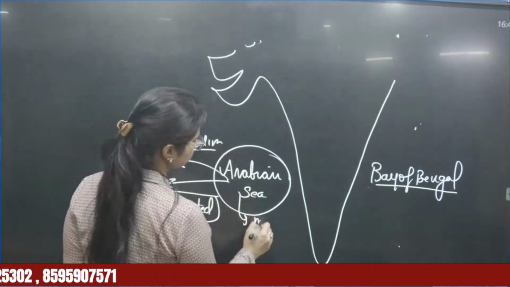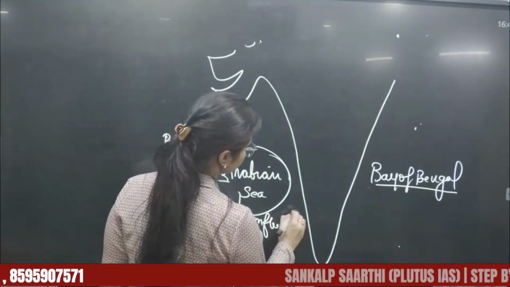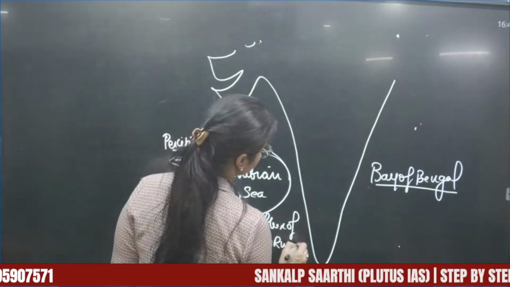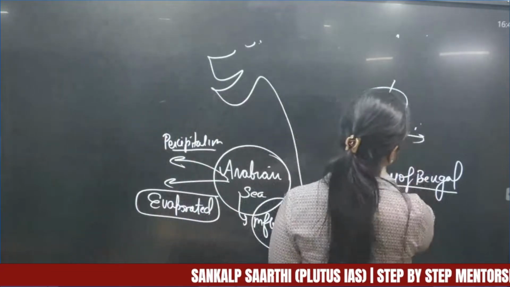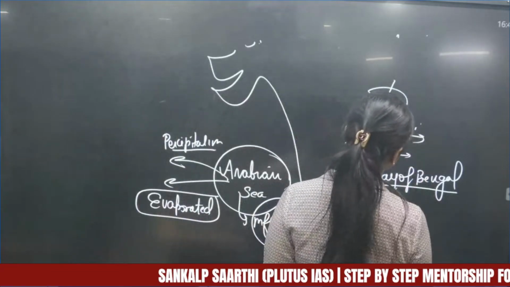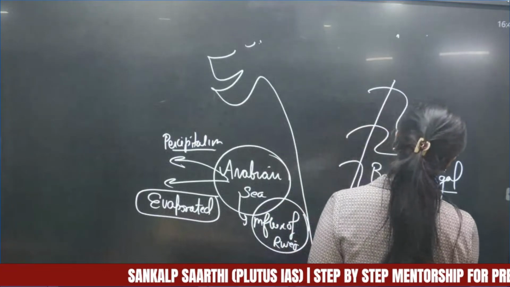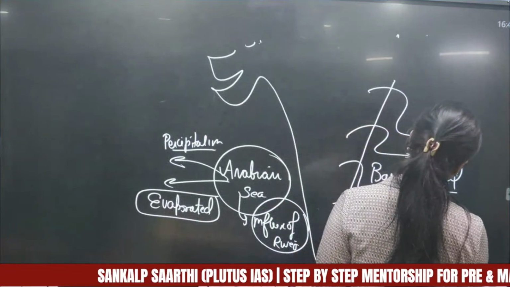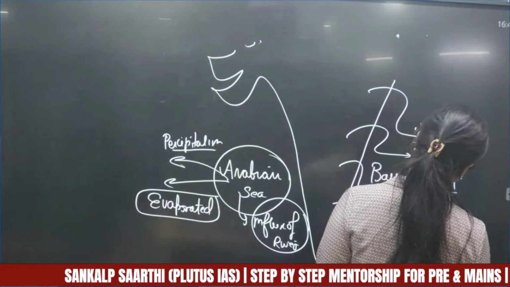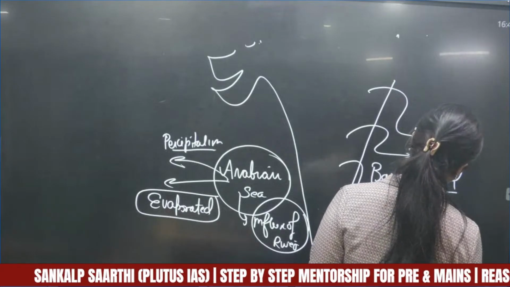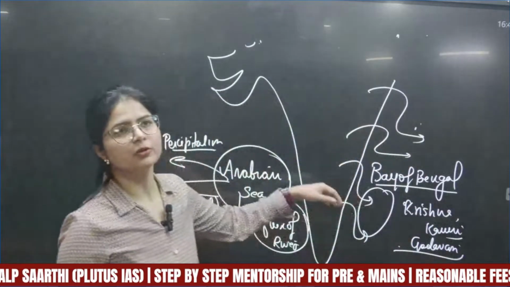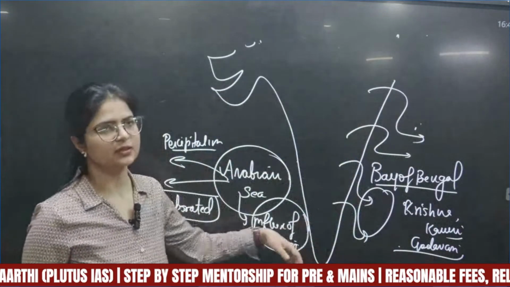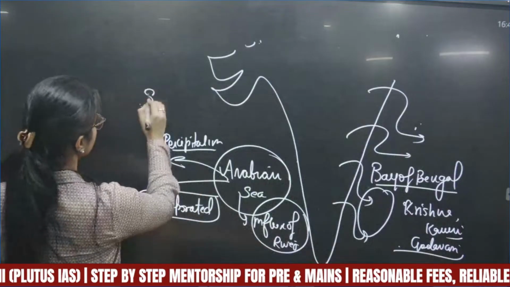Influx of fresh water is not going to be there much as compared to Bay of Bengal. Why? Because Bay of Bengal will have huge volume of rivers discharging into it. All your Krishna, Kaveri, Godavari, all will discharge in this place. Therefore, Bay of Bengal salinity value will be much less in the monsoons.